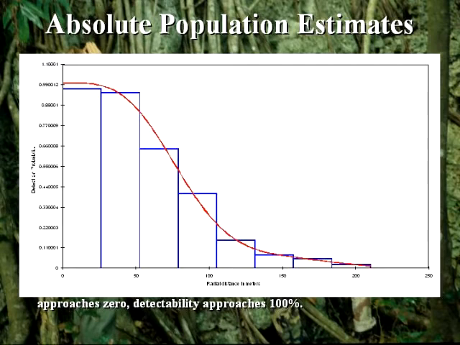But as birds are encountered further from the sample point, the probability of detecting them goes down, so that by the time you are about 40-50 meters away, the probability of detecting an individual drops quite a bit. Once the shape of that curve is known, then that can be used to generate an absolute density estimate.